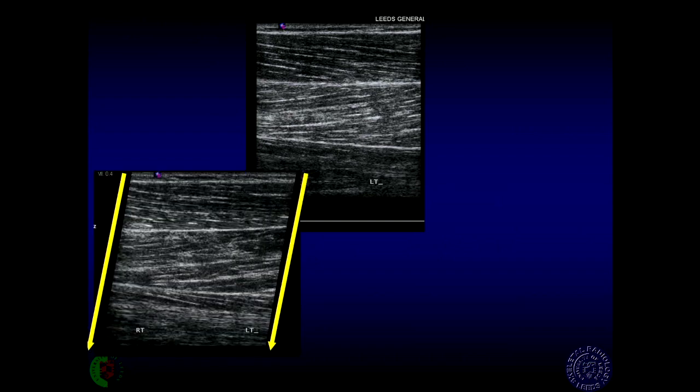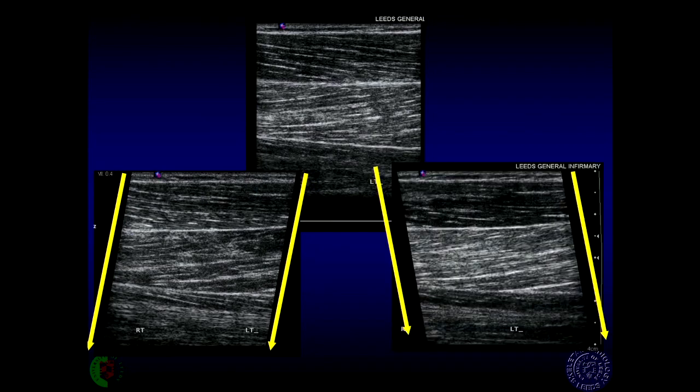If you beam steer so that it's not as parallel, you've equalled out the echogenicity, so now the gastrocnemius and the soleus are the same echogenicity. If I beam steer the other way, you accentuate it. Now the soleus is a little bit brighter and the gastrocnemius has gone even darker. So you can play around with the anisotropy.